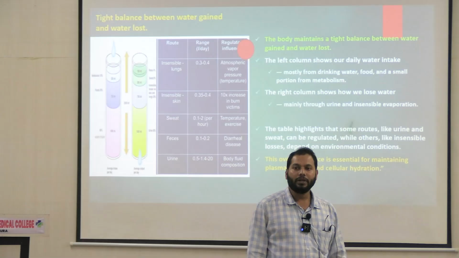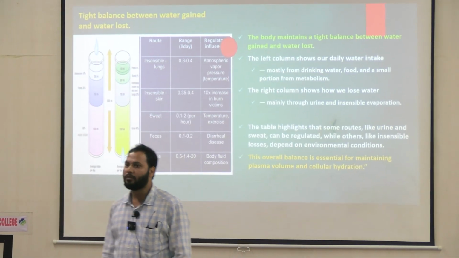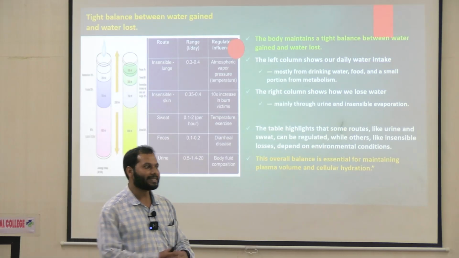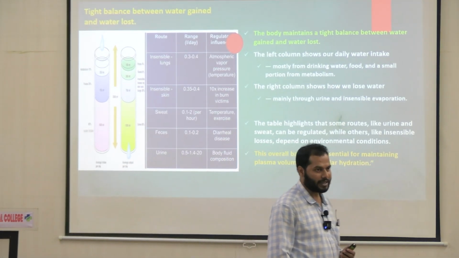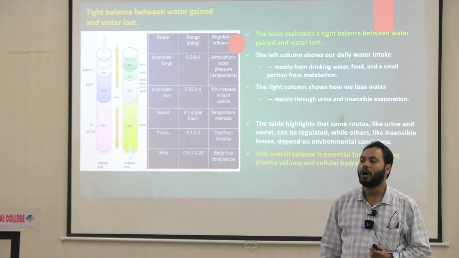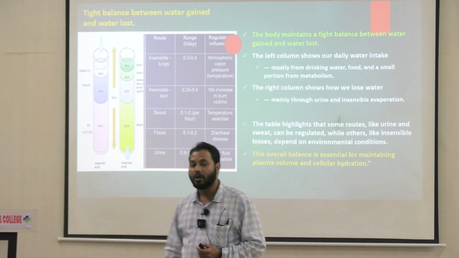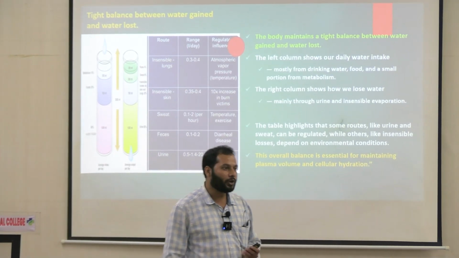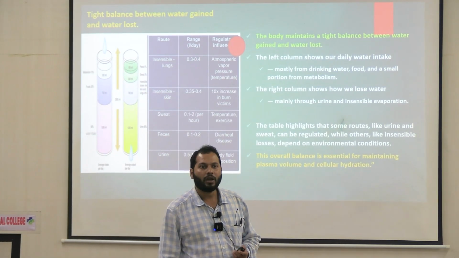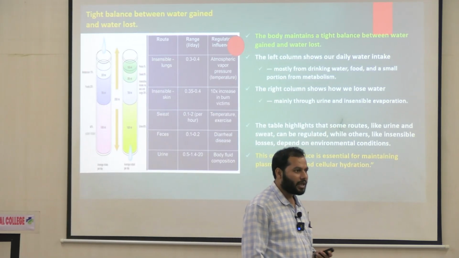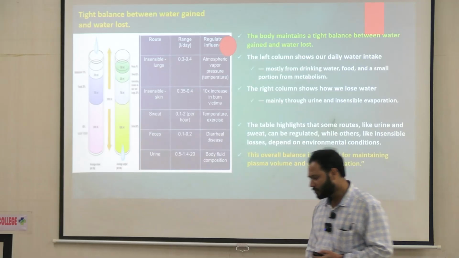The body fluid is important because it contains different types of molecules, and those molecules are essential for various physiological functions of cells. Now we should know the most important chemical or ionic compositions present in body fluids, where these different molecules or ions are present, and what their concentrations or amounts are.